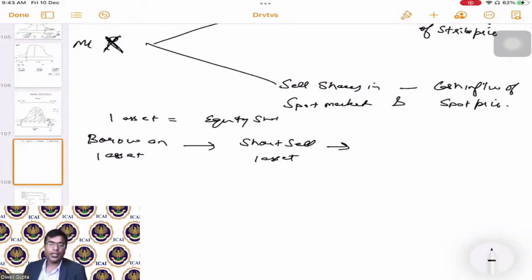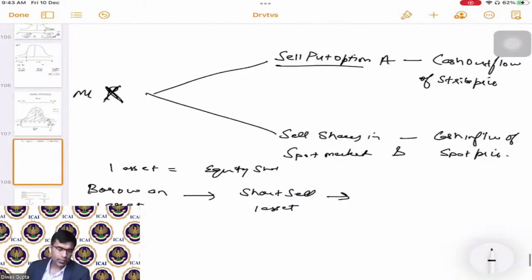Once you short sell the equity share, you invest the present value of strike price equivalent in some security which gives you R percentage per annum rate of interest. This is the inflow, this is the initial thing.